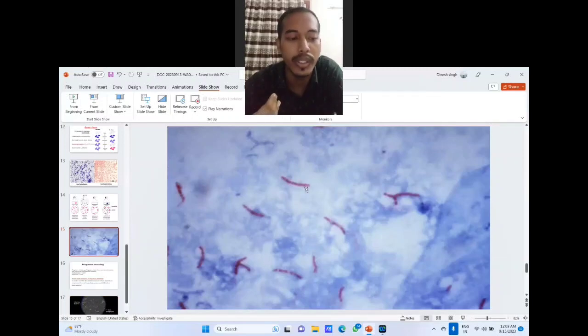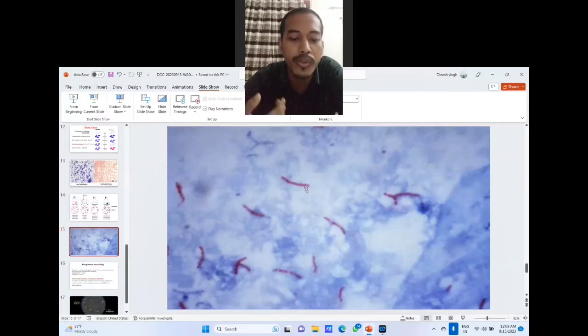If someone is suffering from or is suspected of having TB, in the laboratory or hospital, the doctor will send the patient sample, that is a sputum sample, for staining or for any other test.